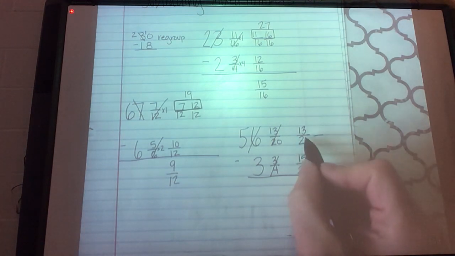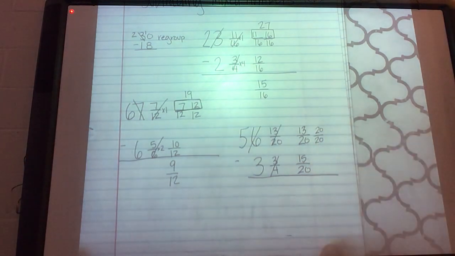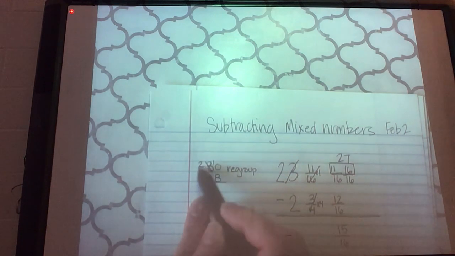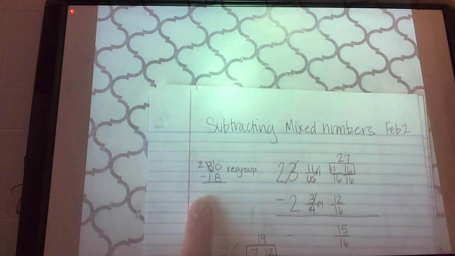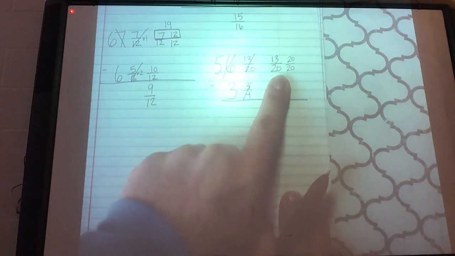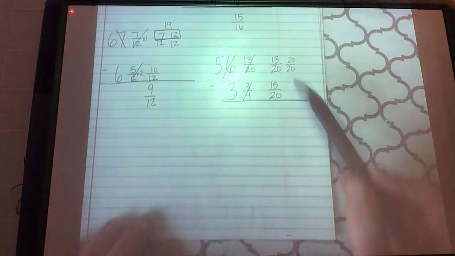Your denominator is 20, so 20/20. Let's go back right here. When you take the whole away from here, it's always a 1, right? 20/20 is 1, isn't it? So we're still moving that 1 over. It just looks different. It looks like a fraction.